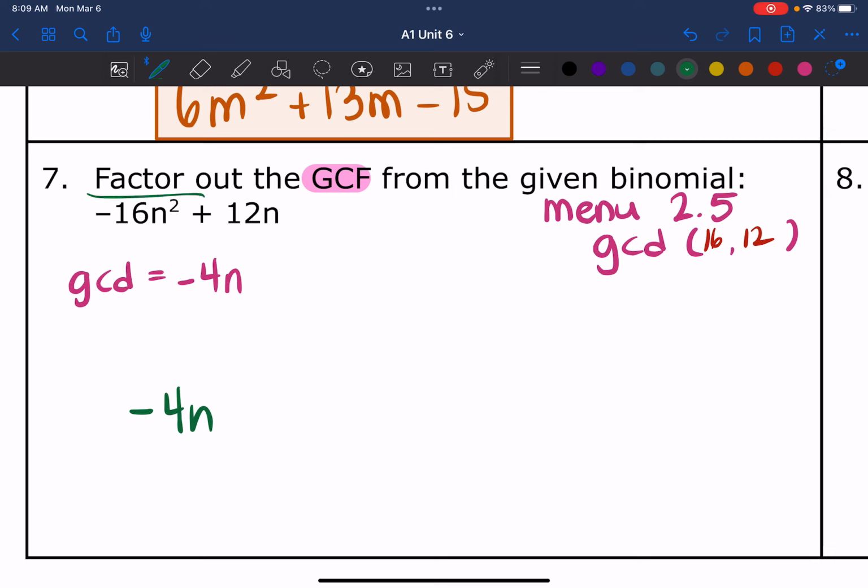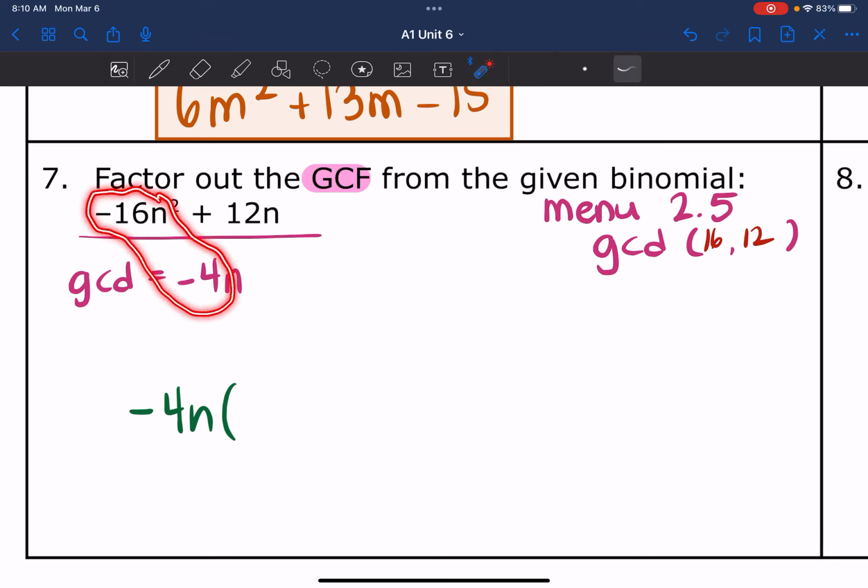But it says to factor it out. That means they want you to divide both of those terms by negative 4n. So here's what I'm going to do. Let's put a line underneath it, that way we can remember. Negative 16 divided by negative 4 now gives me positive 4.